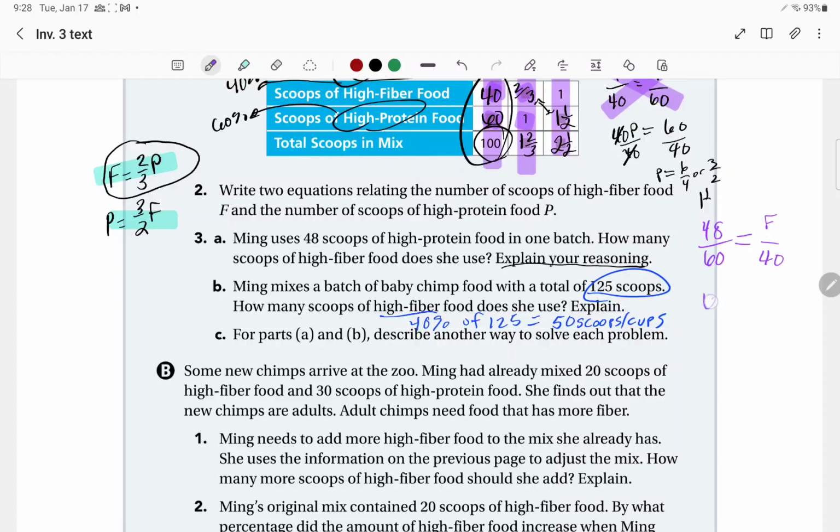And when we cross multiply, 60F is equal to 48 times 40. When you divide out that 60, look, 40 over 60, that's 2/3. So you're going to end up taking 2/3 times 48, which still gives you 32 cups or scoops. Okay, so for both of those, you could set up proportions to solve for those.